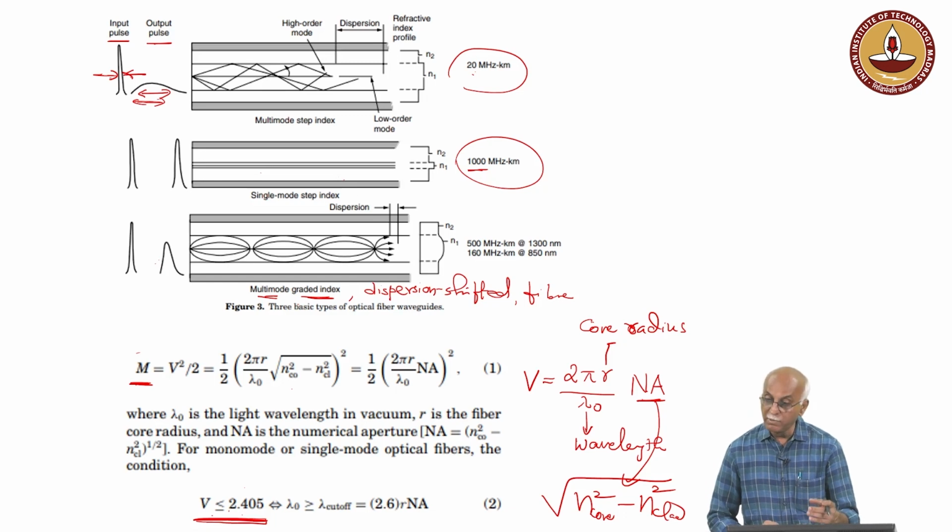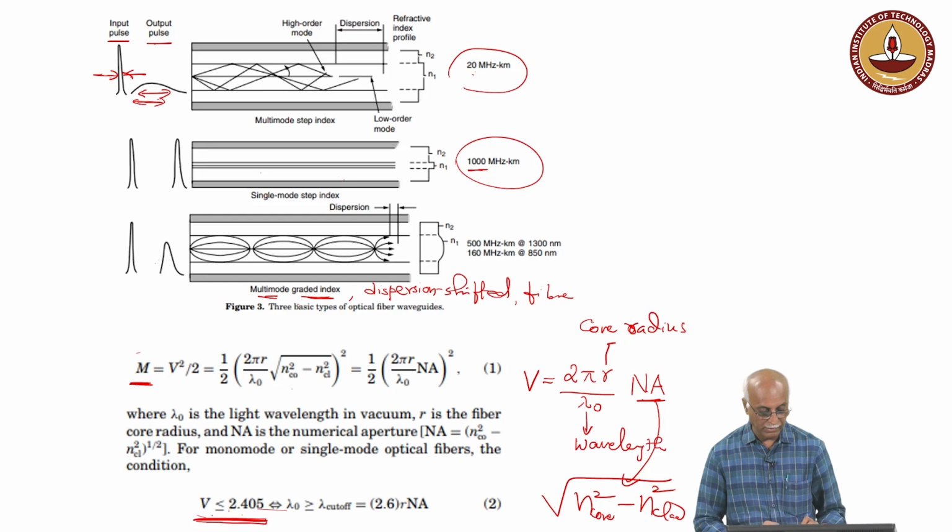A single mode fiber can also allow various frequencies to transmit through, with the cutoff wavelength determined by this parameter V. If the wavelength of the light is such that V is less than or equal to 2.405, that particular electromagnetic wave will be able to propagate through the optical fiber as a single mode transmission. So that is an important parameter.